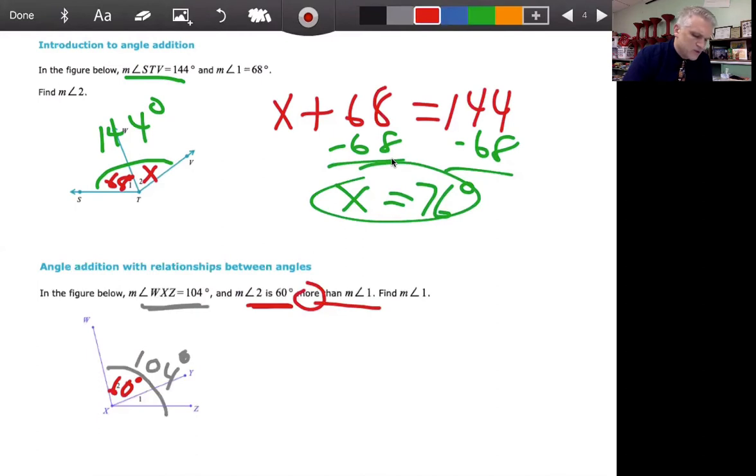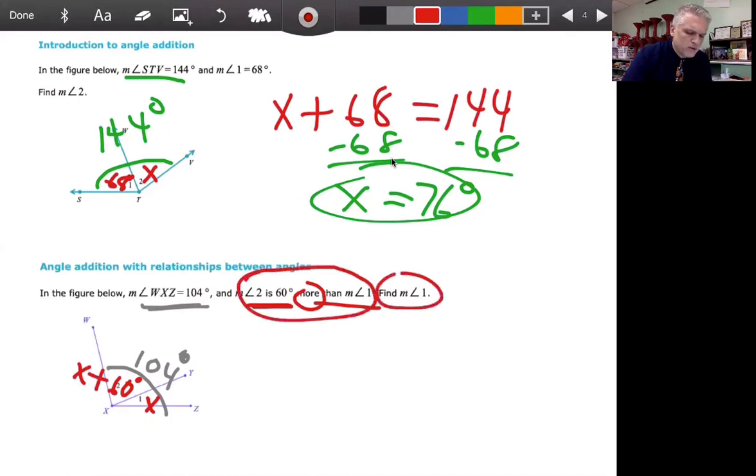Okay, so here's the deal. Let's call angle 1 X. So how do you express 60 more than angle 1, or 60 more than X? Hopefully you understand that it's X plus 60. So angle 2 is X plus 60.